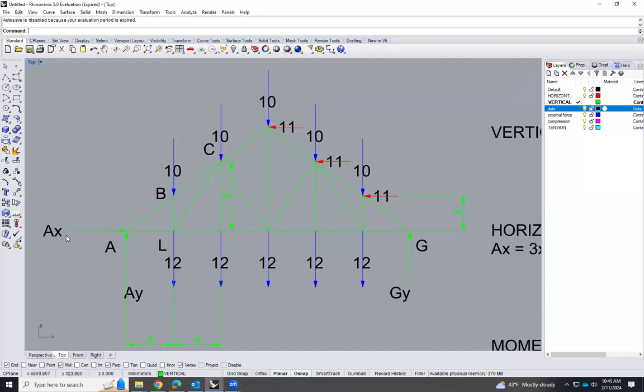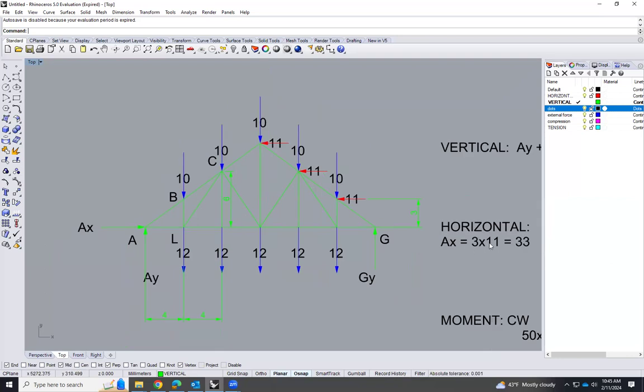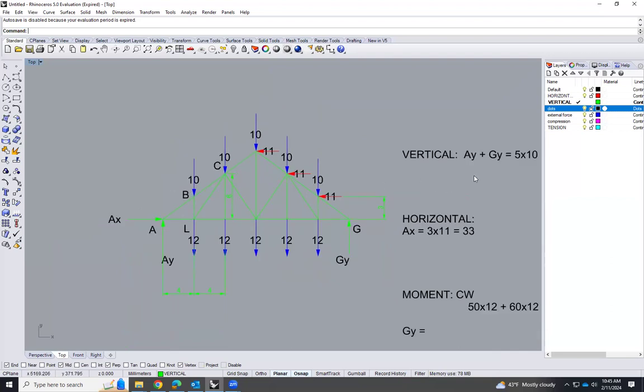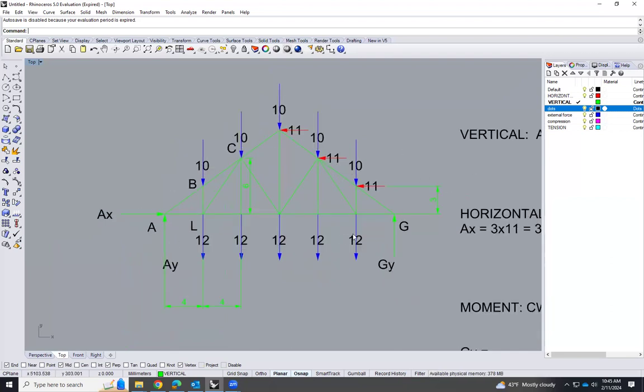There's a very simple one, which is the horizontal. We only have to add up these 3 forces, 1, 2, and 3. So AX equals 3 times 11 equals 33. That's pretty straightforward. Now the vertical equilibrium. We have 2 forces going up, these 2 reactions, AY and GY.